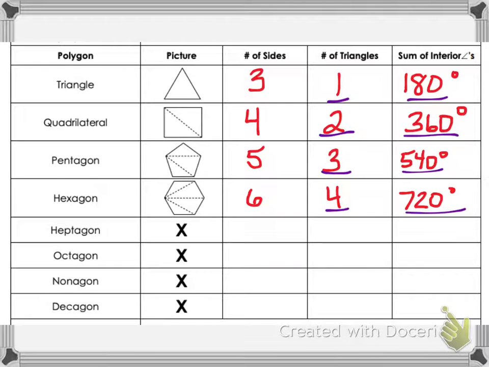Now, let's also look at the number of sides compared to the number of triangles. See if you see a pattern there. 3, 1, 4, 2, 5, 3, 6, 4. If we call the number of sides n, what can we call the number of triangles?